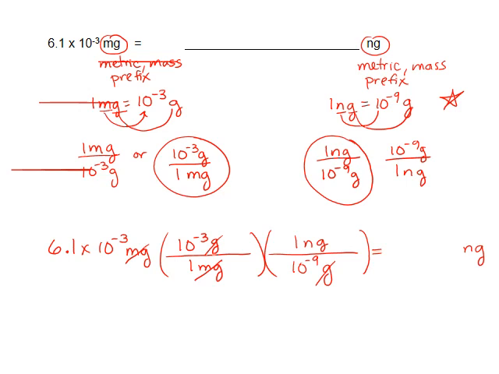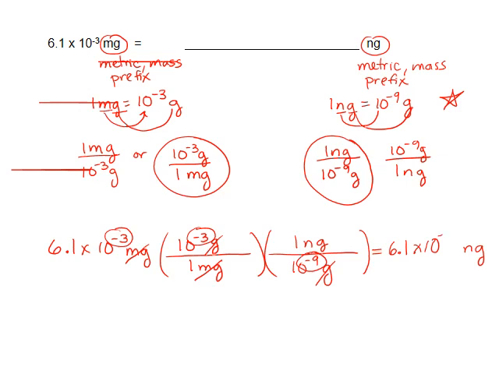Since this problem involves only multiplying and dividing powers of 10, we don't really need a calculator. We have 6.1 times 10, and the value of the exponent is going to be the sum of the powers in the numerator minus the power in the denominator.